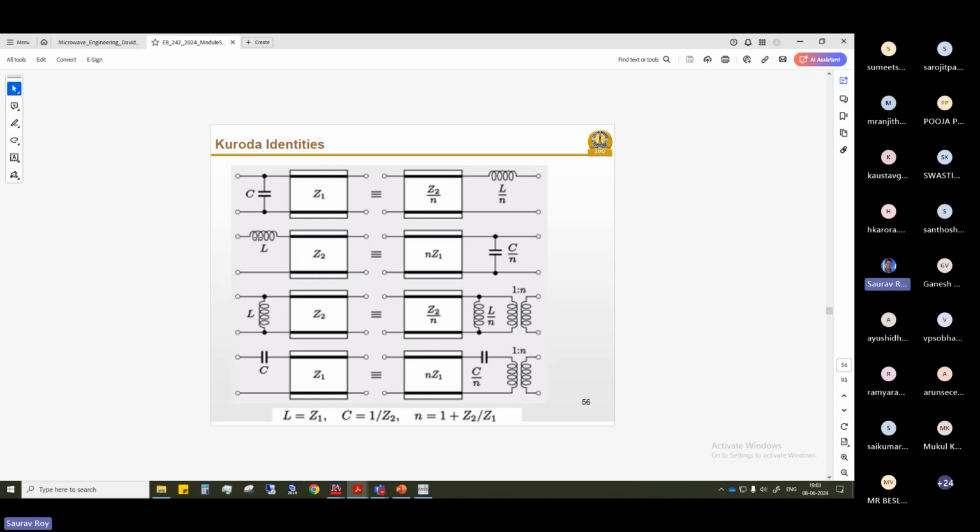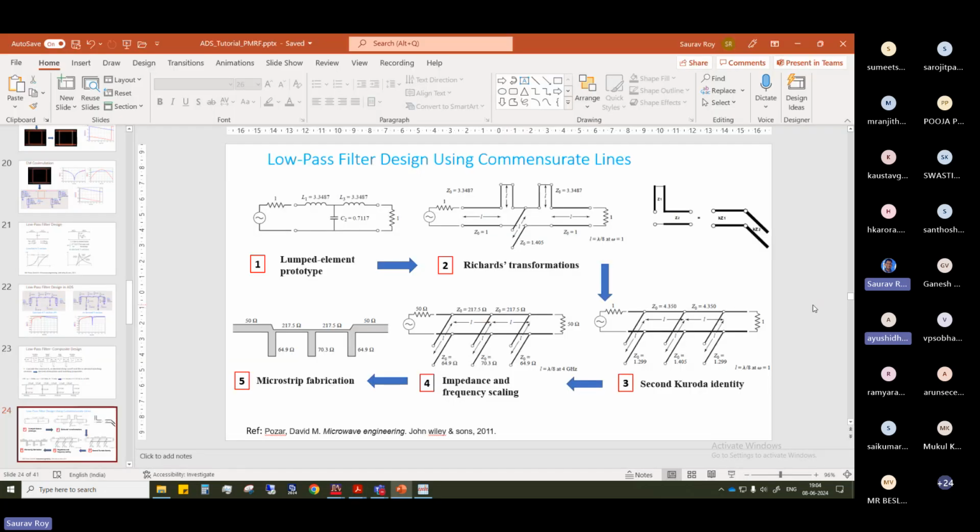Here you see L was in the first and then line, and then we are representing with a line here and then capacitance. So the N is given here. I think this 1 plus Z2 by Z1 will be N square. Yeah, this formula is wrong, it would be N square. So you have to calculate that. N square is K basically.